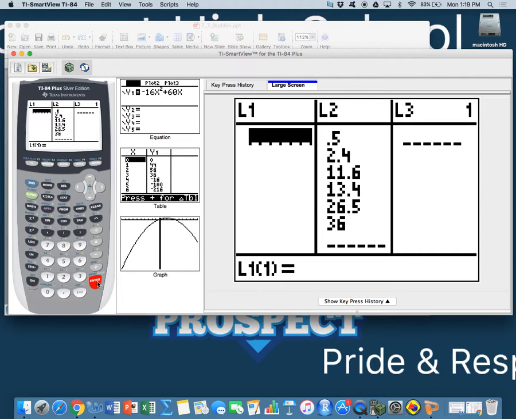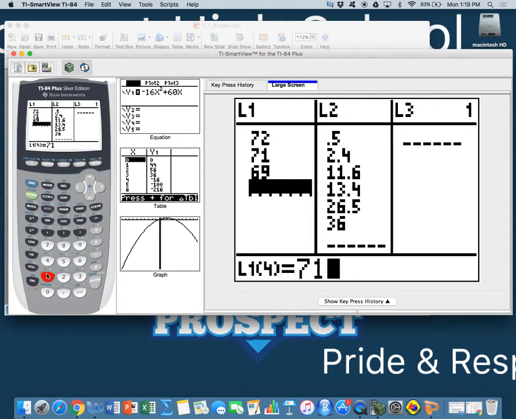Nazim, how tall are you in inches? 72. Ben? 71. Greta? 69. Leah? 71. Of course you're going to have a much bigger distribution than this, but let's just start with that.